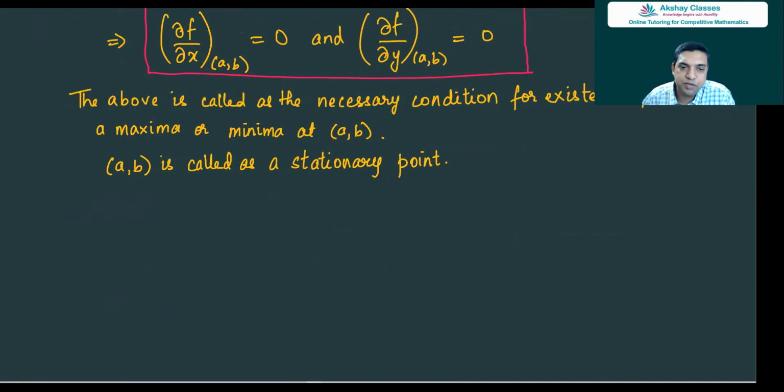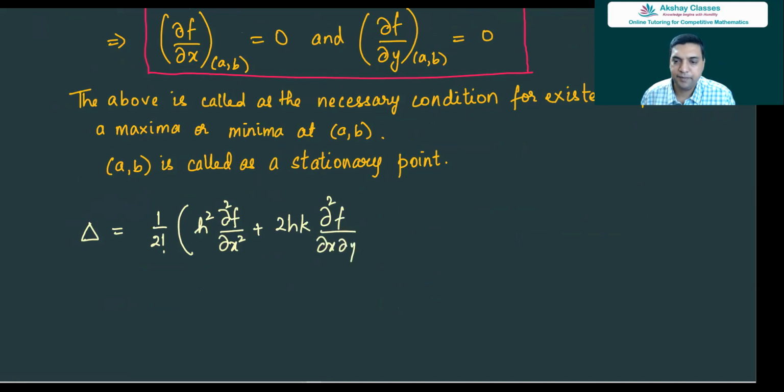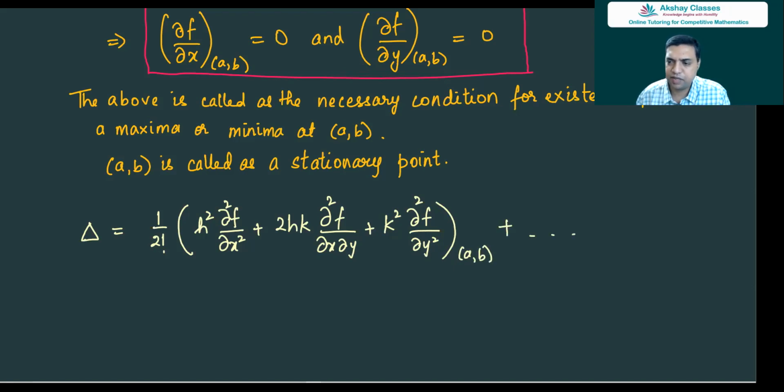So now delta will be equal to 1 by 2 factorial times h square dou square f by dou x square plus 2hk dou square f by dou x dou y plus k square dou square f by dou y square. Now at a comma b, the sign of this will be dominant. All other terms will be much smaller than this term.